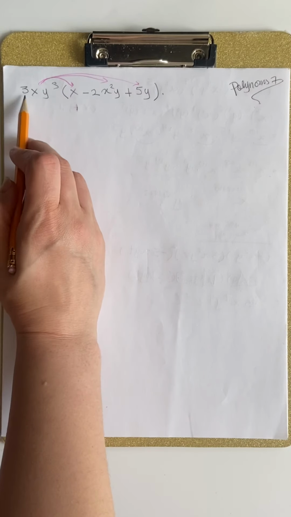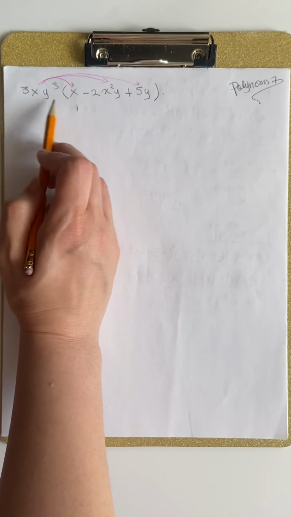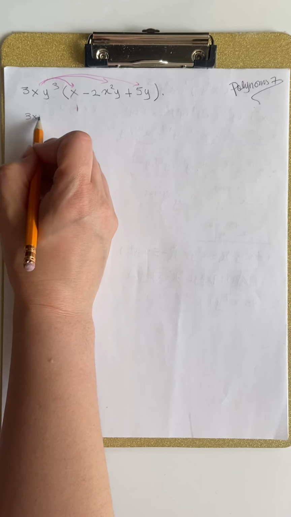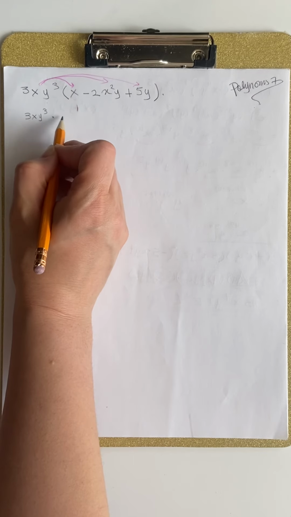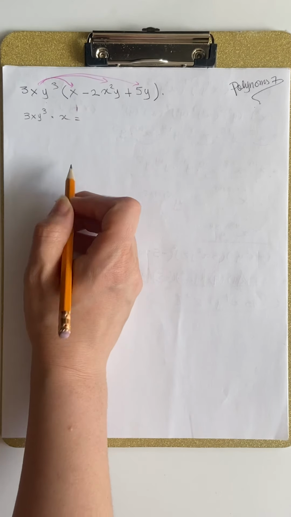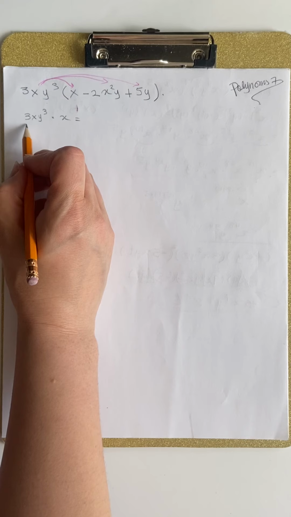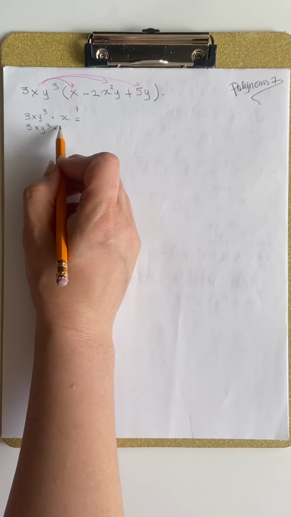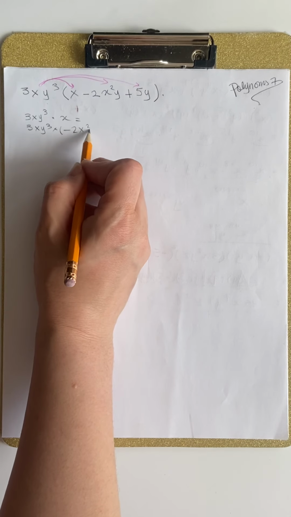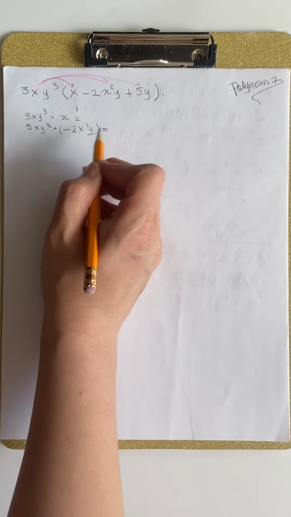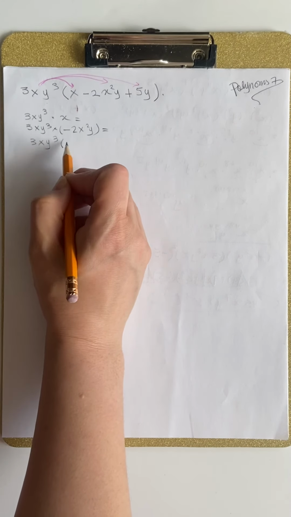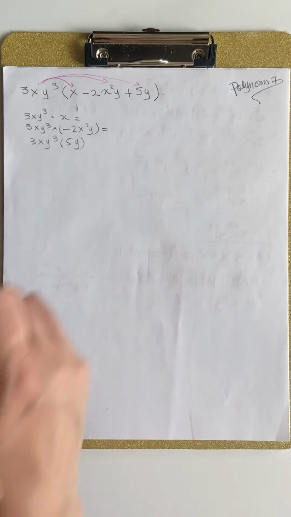I want to multiply 3xy^3 with x. So in this example, I'm just going to write them all out separately times x. And then we have to multiply 3xy^3 by, I'm going to put that in a bracket because it starts with a negative, and 3xy^3 into 5y.